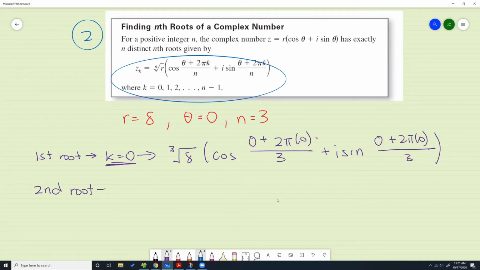Second root. k goes up by 1 for each new root, but the rest is the same. Cube root of 8 cosine, still theta equals 0, plus 2 pi, this time k is 1. I'll just leave the 2 pi in there this time.